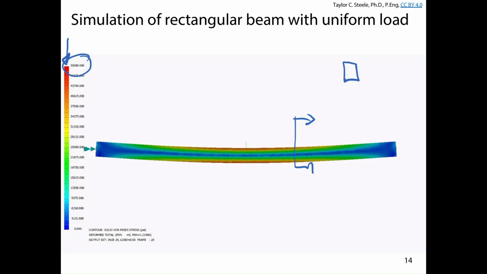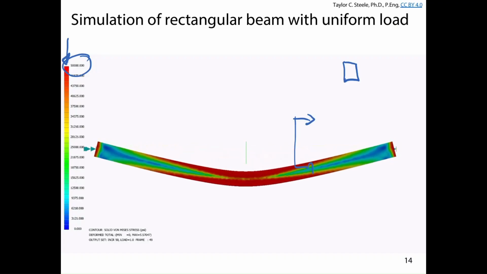I don't know why it stopped there. That's actually great, though. I'm happy it stopped there, because what we're going to see here is we're just starting to achieve the yield strength above and below the neutral axis. The beam is still deflecting the way that we would expect it to deflect, and so it's still working in the elastic range.